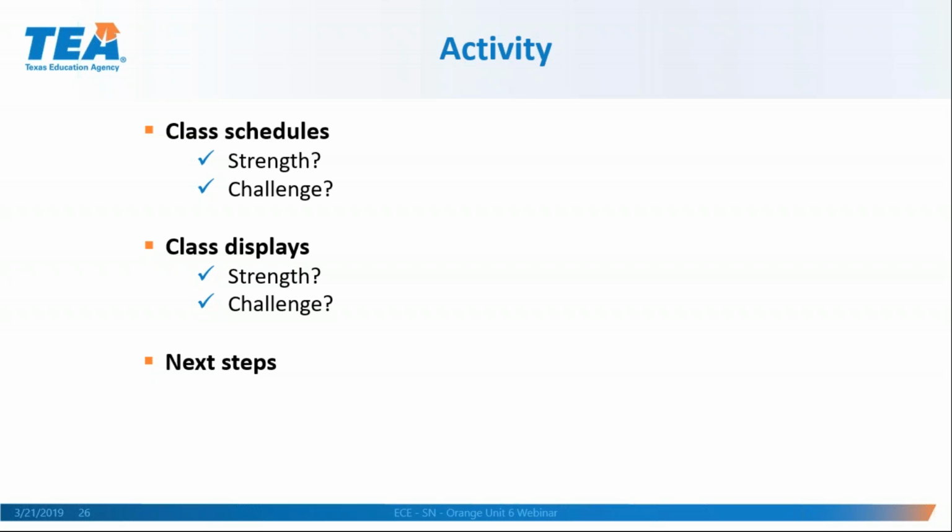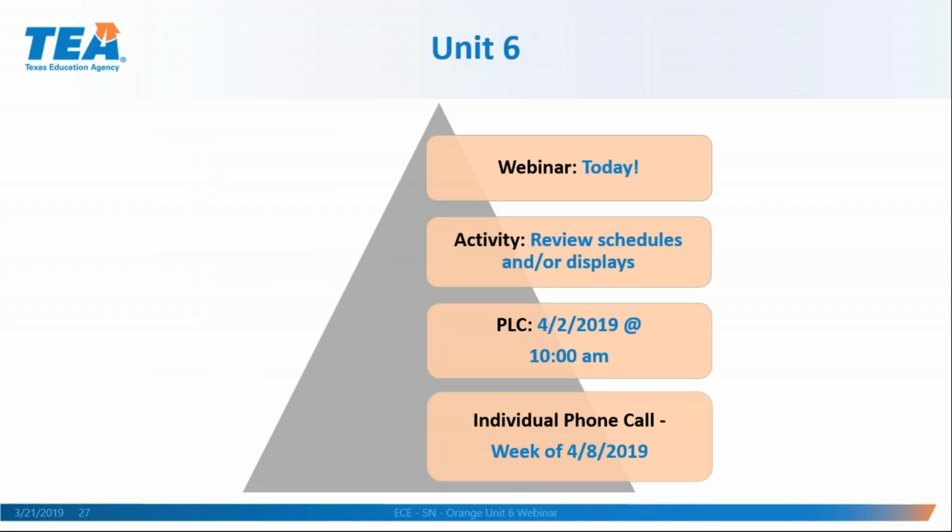Are they at eye level? The things that we talked about. So think about that in terms of, did you see a strength? And were you caught off guard by a challenge? And then think about what your next steps might be. And that is what I want you to share at our next PLC.